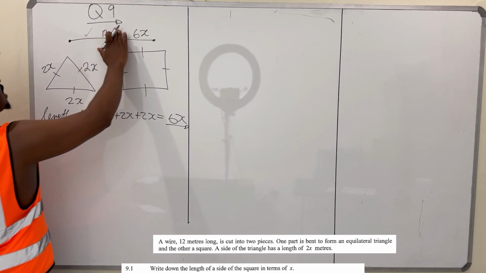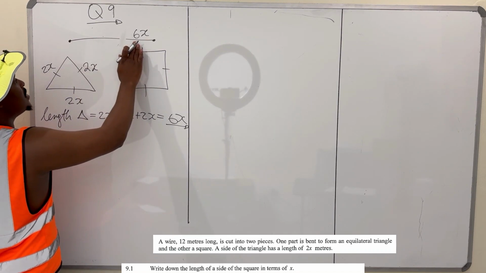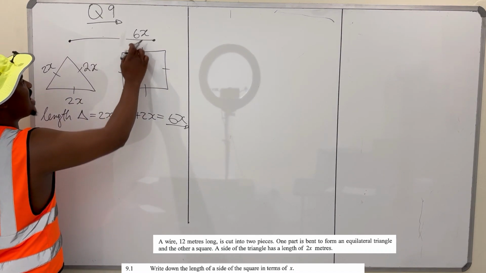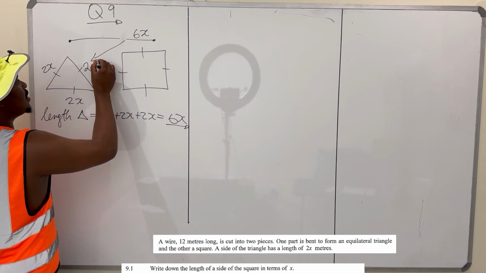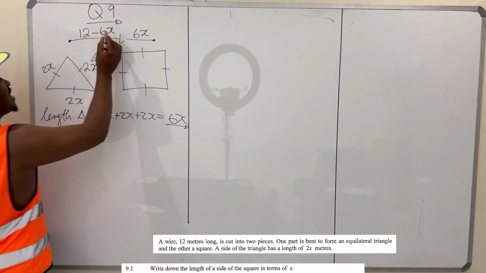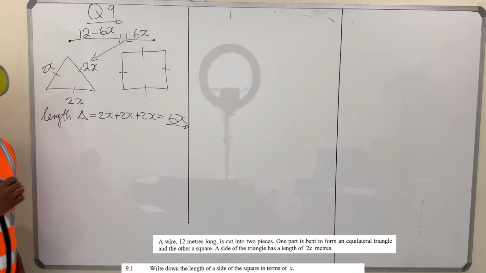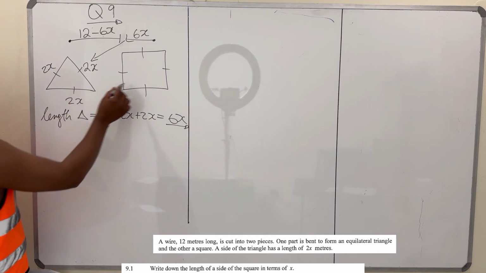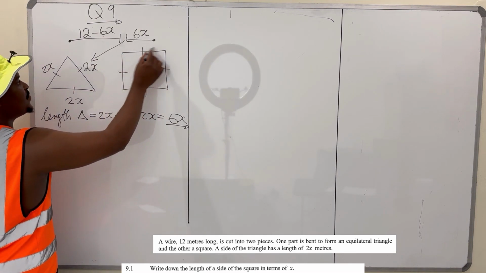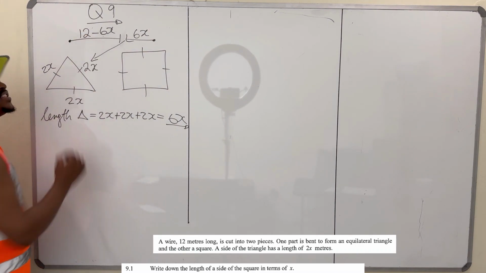Then in total, the wire was 12, right? But from the 12, we remove 6x to form the triangle. The remaining thing will be 12 meters minus 6x, which is the part that we have cut off to make the square.